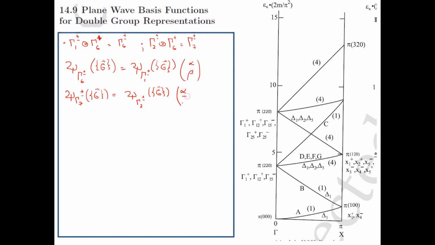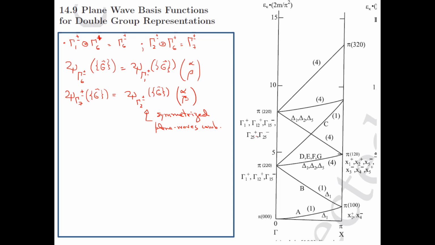You just multiply by the corresponding spin function. So these are, as we have discussed, symmetrized plane wave combinations, right?